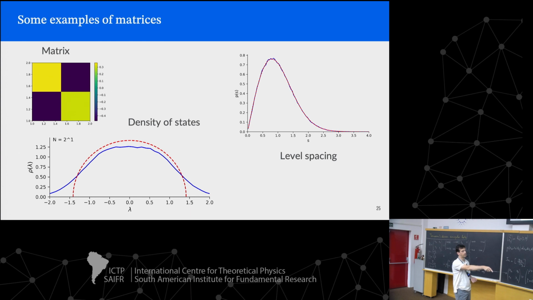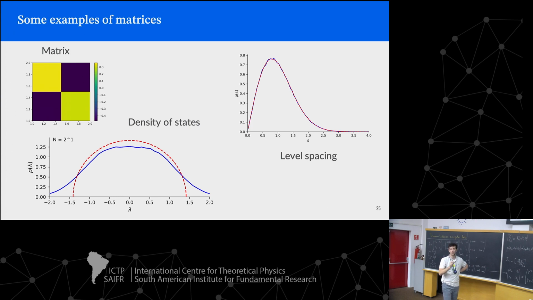The red line is this formula. And here what you expect is a semicircle, but what we have is this blue line. The reason is that I said the previous result holds for large n, so we're not at large n yet. And the fact that on this part it doesn't agree is because you have extreme value statistics.